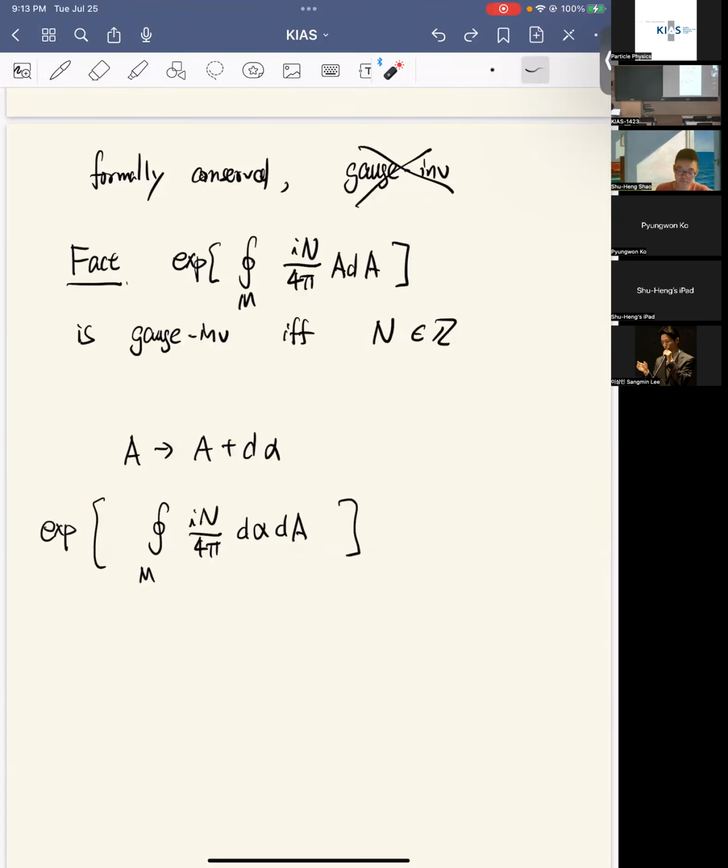If I remember correctly, people sometimes refer to monopoles to discuss the gauge invariance of this operator. Is that correct? Could you comment on that? It depends on the context of your question. Are you in 2 plus 1D or 3 plus 1D? Maybe 2 plus 1. So in 2 plus 1 it's a different story.